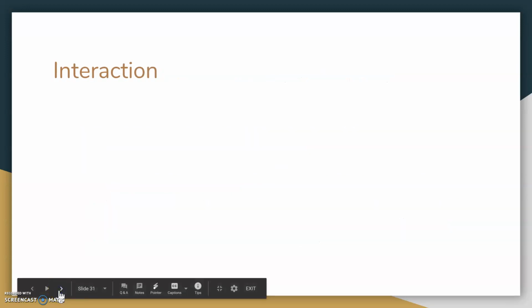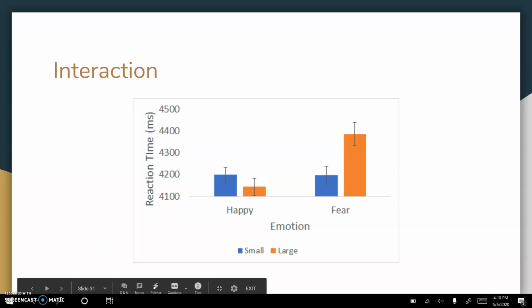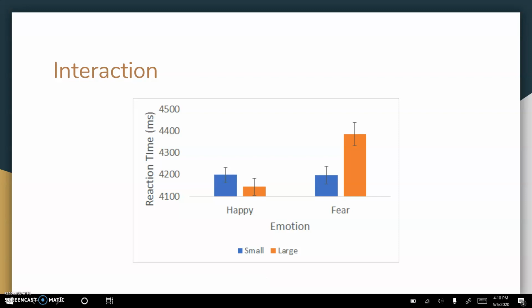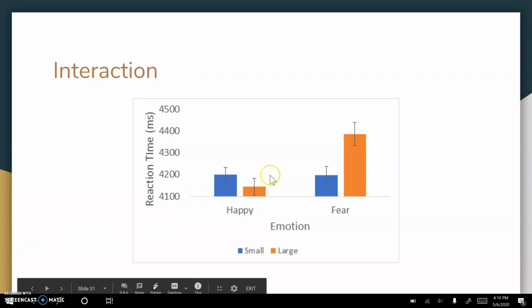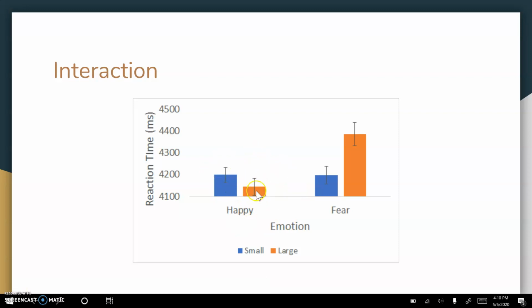So now we're going to talk about the interaction. There was a significant difference in how the happiness effect was between the two different sizes. As you can see here, the happiness effect is larger in trials that have larger shapes changing in them, because the difference between the fear and happiness trials is greater than the difference between the fear and happiness trials for small objects changing.